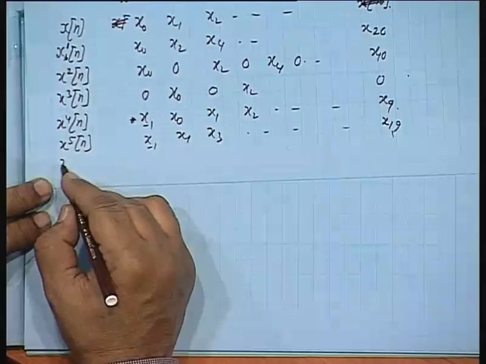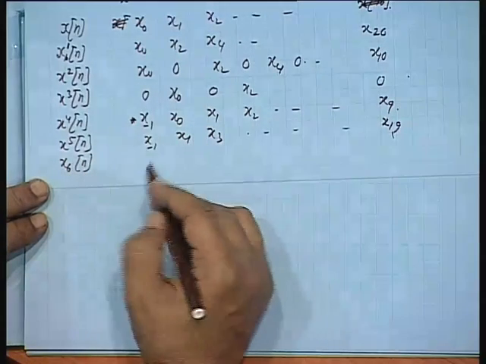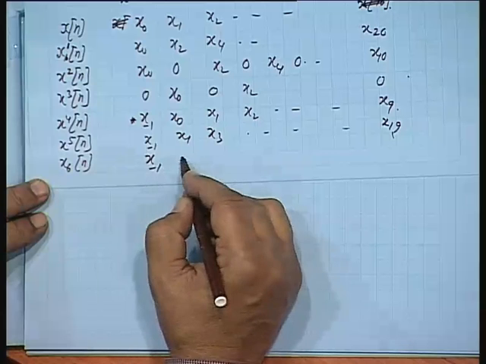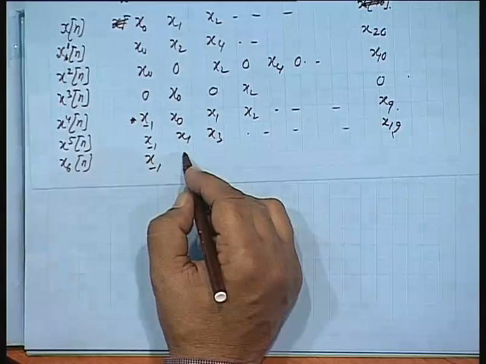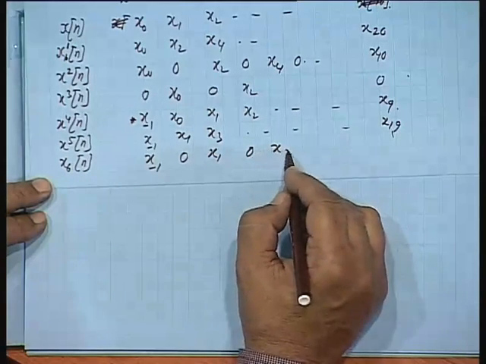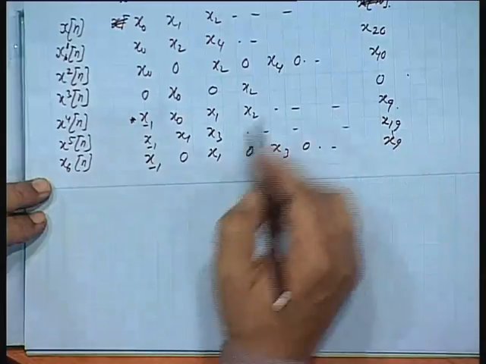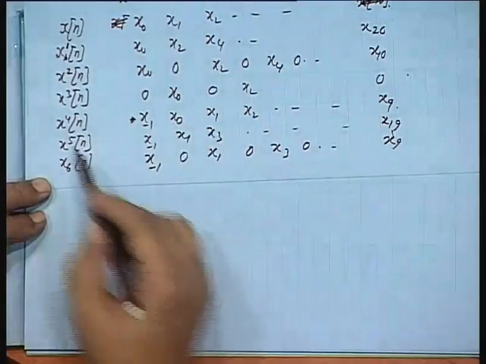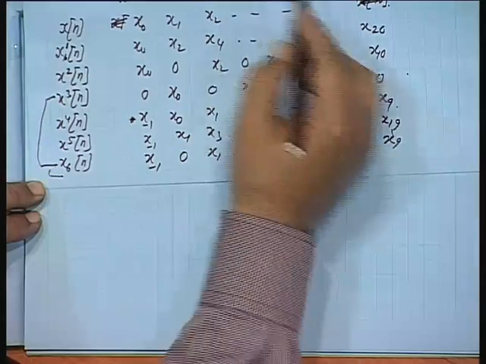and x6 again filled with zeros. So, x minus 1, then how much is it? 0, x1, 0, x3, 0 and so on. So, x9. Now, if I add x3 and x6, what will be the output yn?